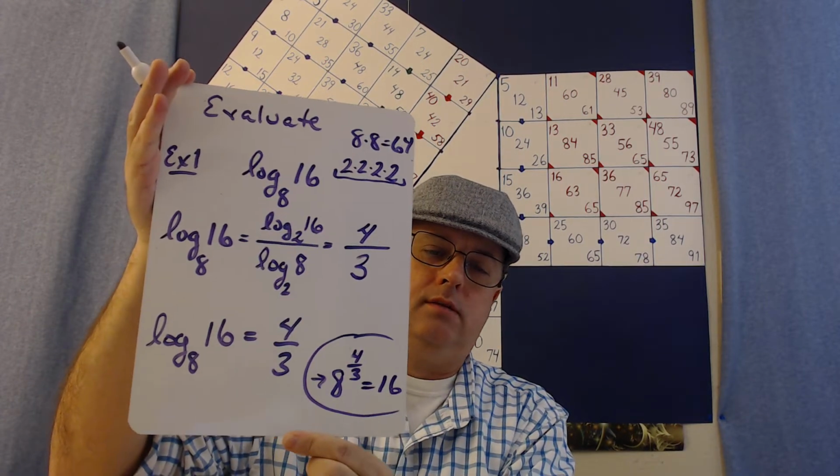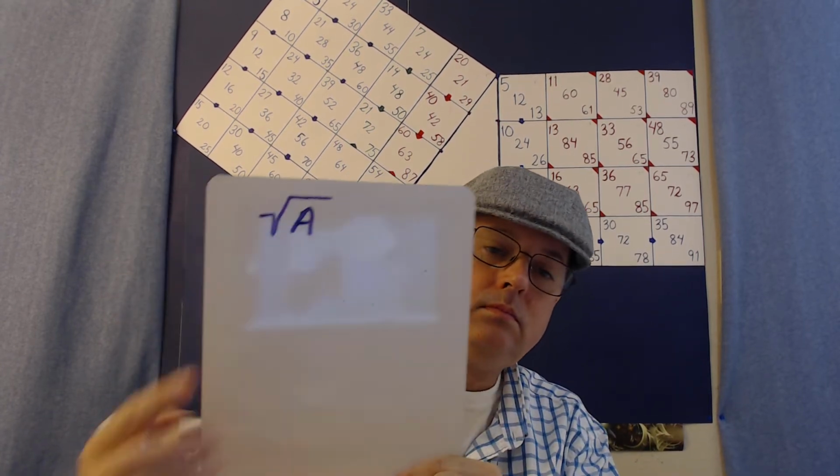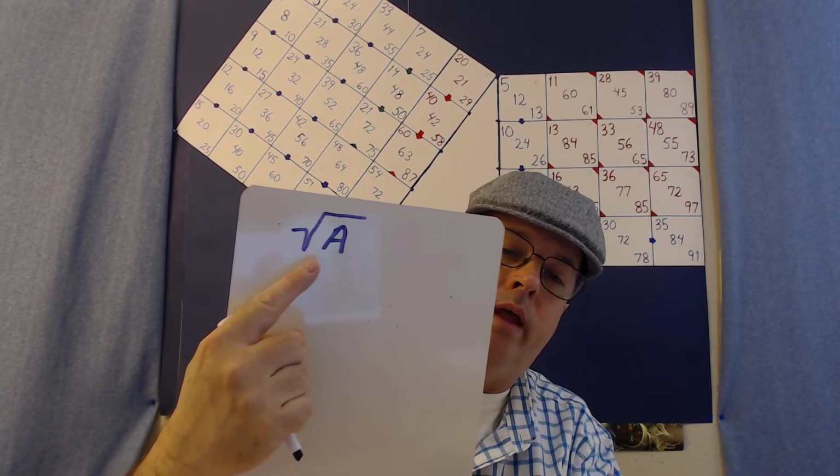Okay, and let's check this out. Why is that true? Remember that we have this property here that if we have a root, here we have the root of a, and this can be the square root of a if we know that this is the second root and the first power here.